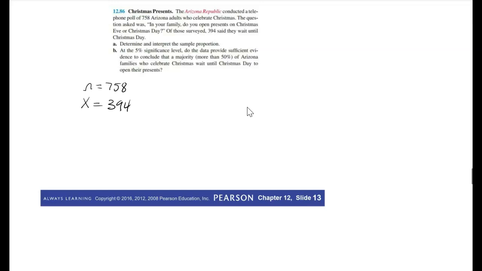So we want to determine and interpret that sample proportion. Okay, let's do part A first. Your sample proportion, or p hat, of course, is going to be X over N. 394 over 758. So you can go ahead and calculate that.